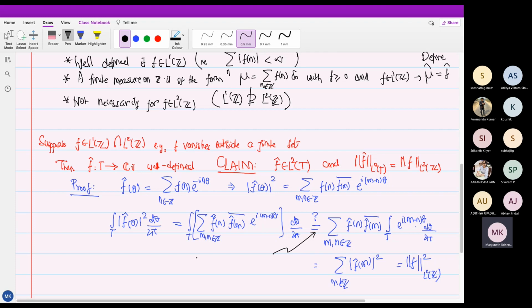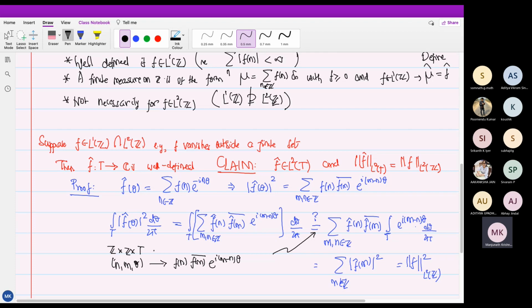So you have to just see that. Let's look at the map n, m, theta going to f of n, f of m conjugate e to the I into m minus n theta. This is a function from Z cross T, where n and m are integers and theta is a point on the circle.